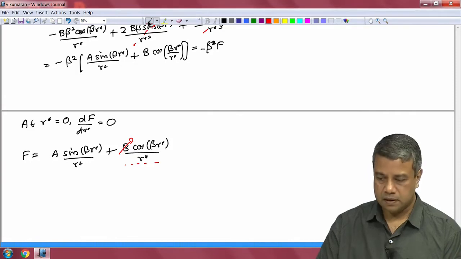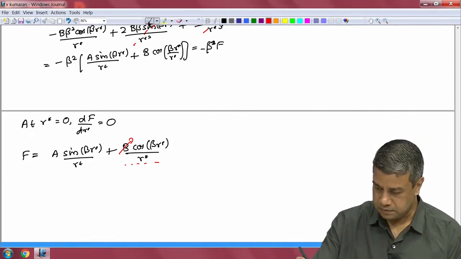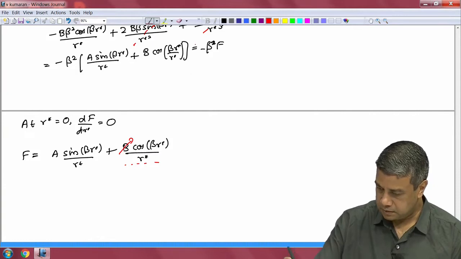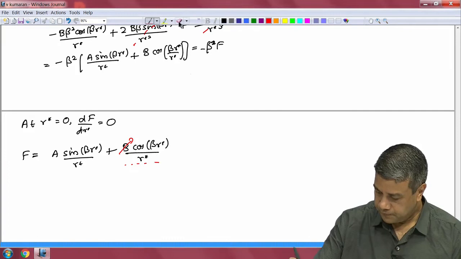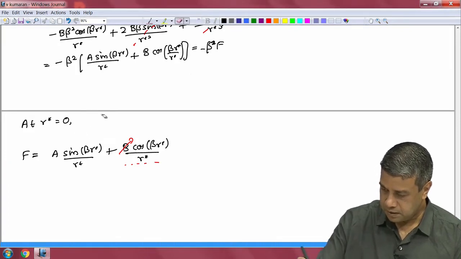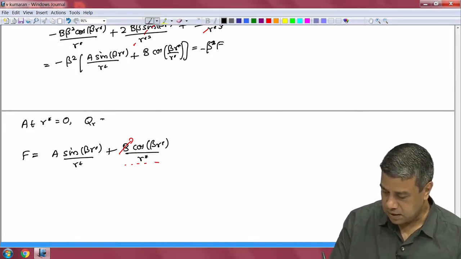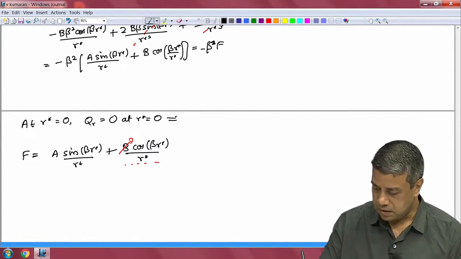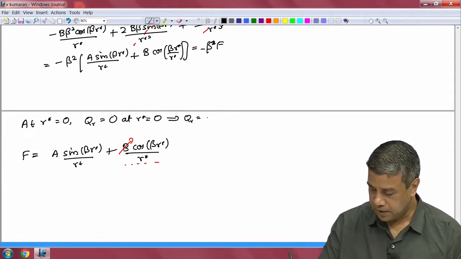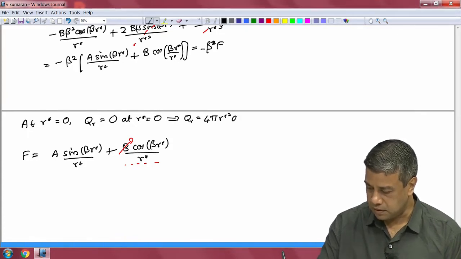Or alternatively, the total heat transfer rate has to be equal to 0 at the origin. Q_r has to be equal to 0 at r star is equal to 0, because there is no source or sink over there, and Q_r is equal to 4 pi r star square into the flux.